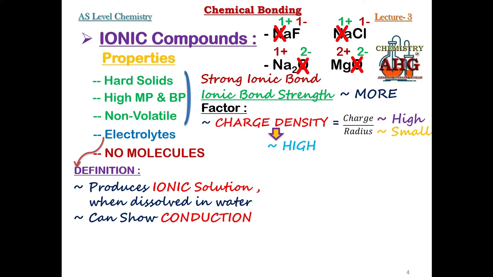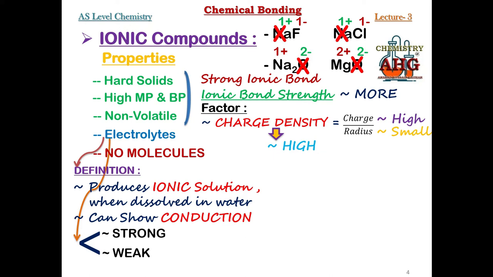Okay, so you must remember, an electrolyte is a chemical substance that can produce ionic solution in water and that can show conduction. Also you must remember, generally electrolytes can be of two different types. One type we call strong electrolyte. This classification is based on solubility or based on ionization. What is a strong electrolyte?